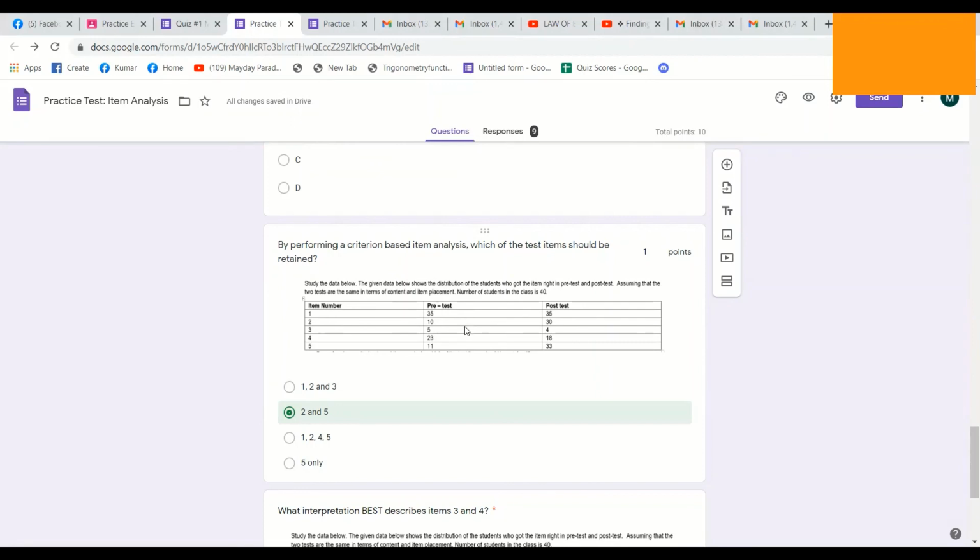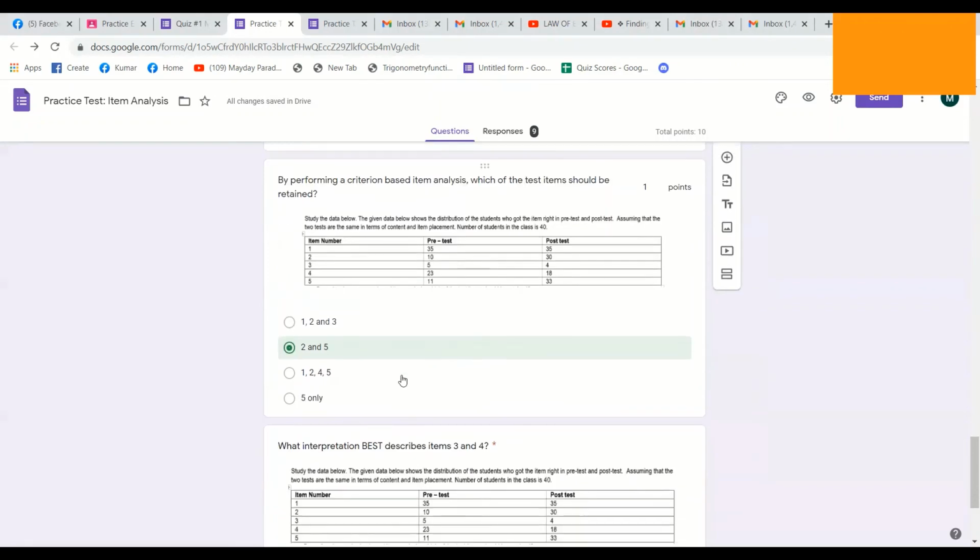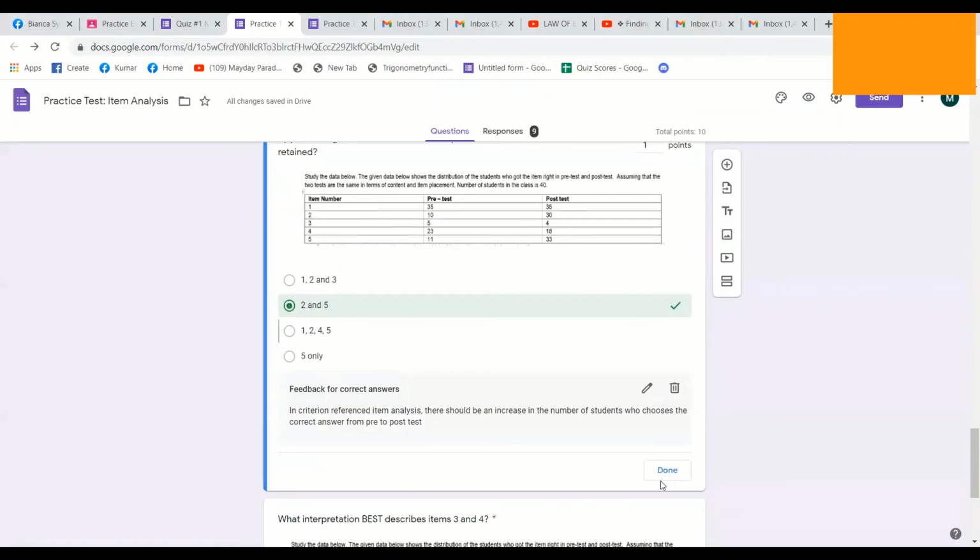Number 2, there's an increase from pre-test to post-test, so that is a good item. Number 3, there's a decrease, so that is not a good item. Number 4 is also not a good item, but number 5 is a good item because there is an increase from pre-test to post-test. So the good items here are number 2 and 5. This is the answer.